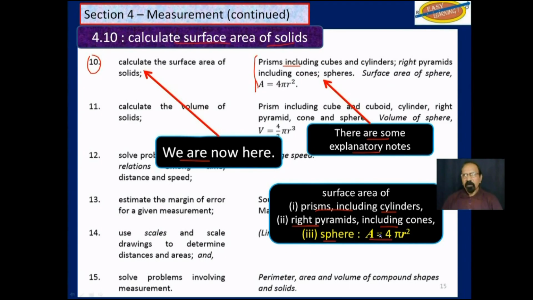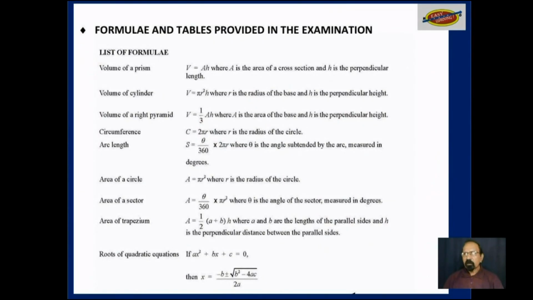And you are given a formula here in the syllabus for the area of sphere. Now I want you to note carefully that in this formula table provided for the examination, you don't have any formula for area of sphere. As a matter of fact, you don't have any formula for area of solid objects, including the area of sphere.